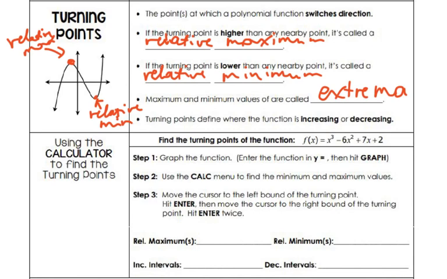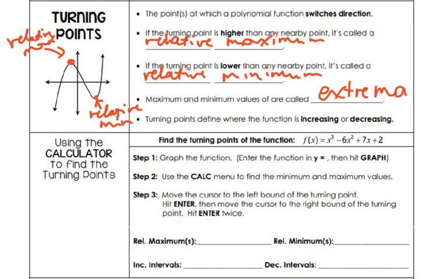Now we're going to use a graphing calculator, or desmos.com if you don't have a graphing calculator, to graph and get some features. To graph a function, you enter the function in y equals, and then hit graph to see how the graph looks and behaves.